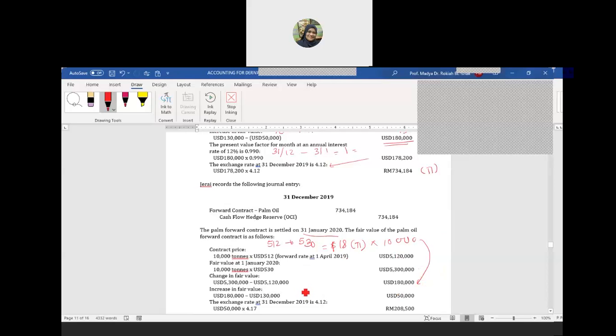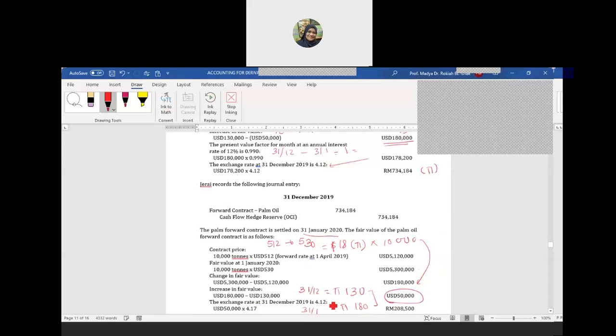If you look here, the fair value on 31st December, you have a gain of 130. And then on 31st of January, you have a gain of 180. So the change in the value here is only 50. The difference here is 50.